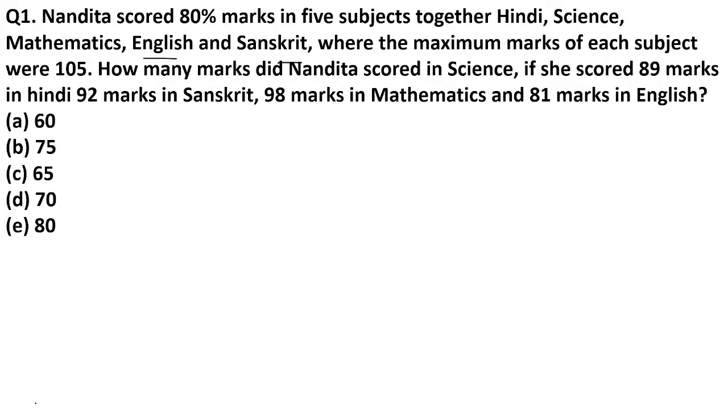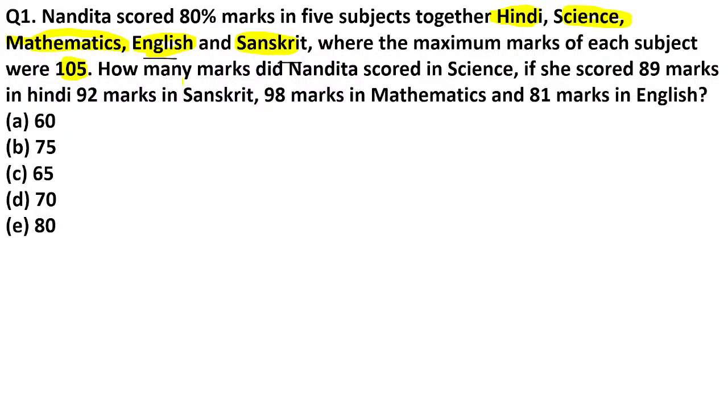Okay. Where the maximum marks of each subject is 105. What does it mean, students? It means that all the subjects given here, that is Hindi, Science, Mathematics, English and Sanskrit, each subject is of 105 marks. That is 105 for Hindi, 105 for Science and so on.